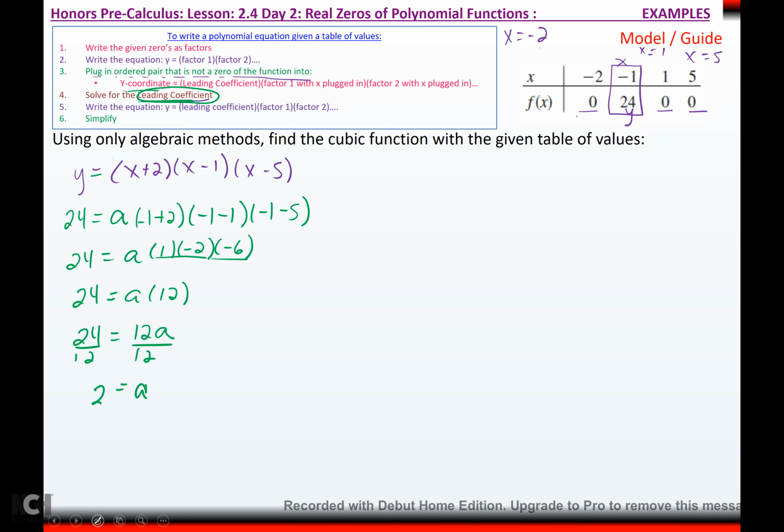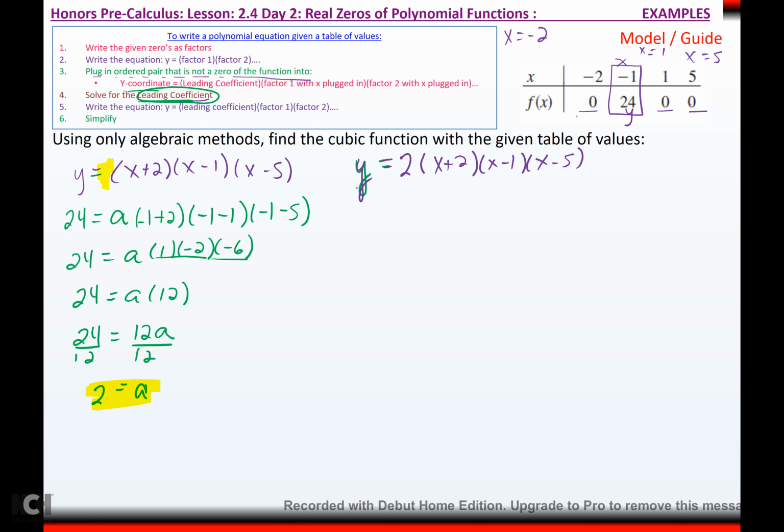So now I can write my whole function all over again, but I can put my a right here and simplify it out. Okay, so I have y equals 2 times x plus 2 times x minus 1 times x minus 5.